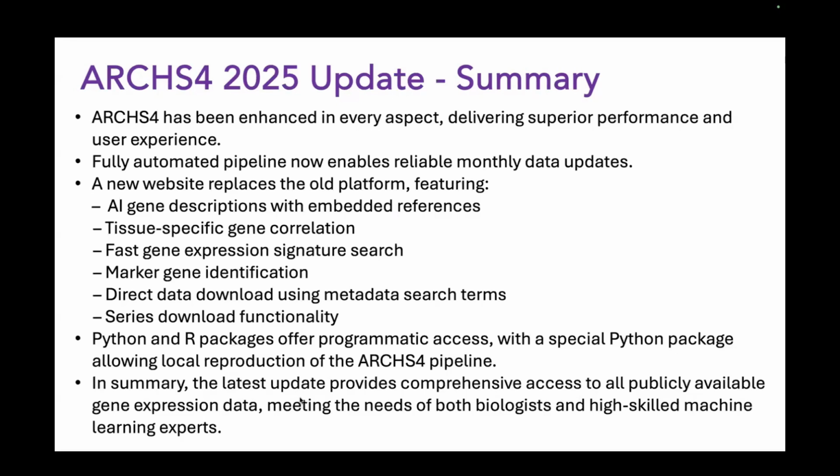As a brief summary, we talked about the new ARCHS4 website that was completely redone, and we really hope we added something really useful that people will come back to. One of the things that was more of an evolution than a rewrite was the automated pipeline that we're running now, which is very robust to all the issues you can encounter when you have to process millions of files and move them over a network.